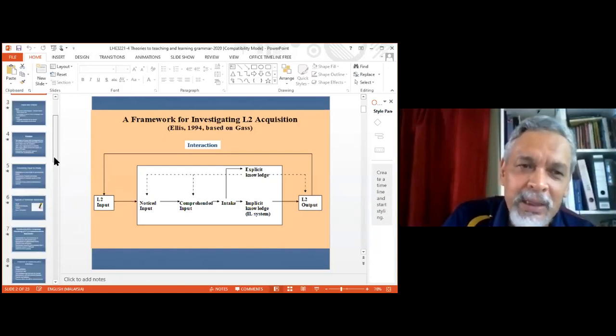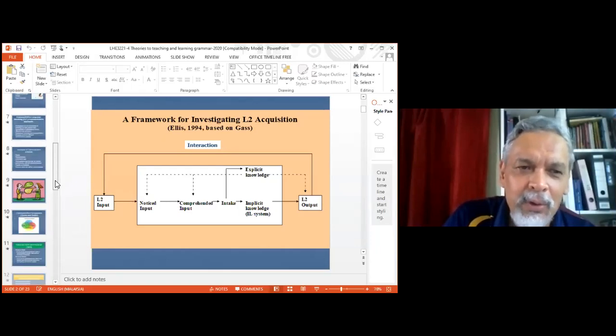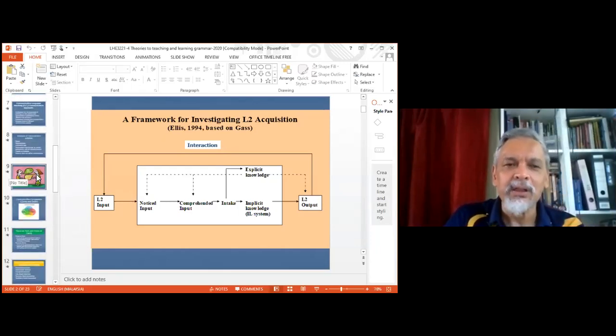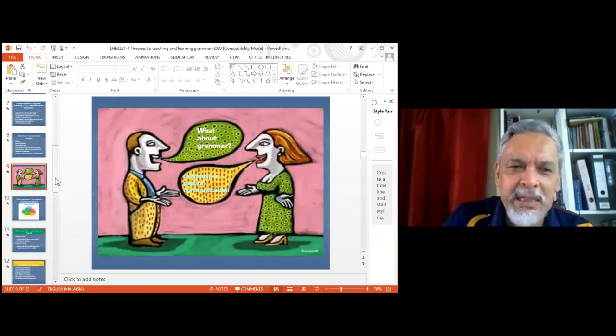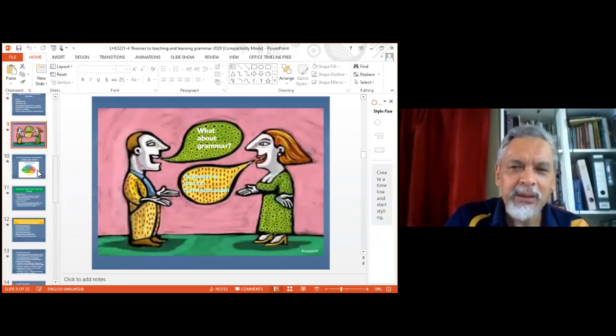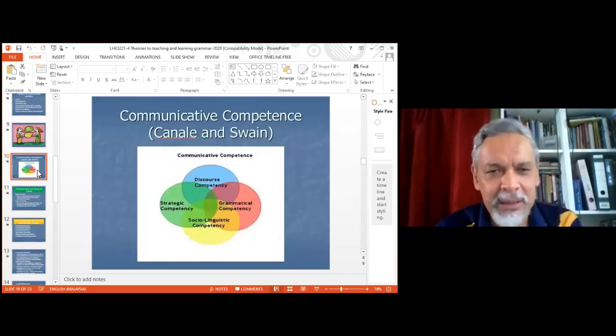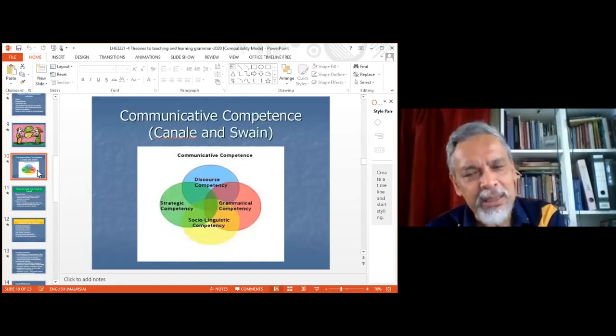So basically, as humans, we do try to make sense of the input that we get. We do try to make hypotheses regarding how the language works. So when we make these hypotheses, this is kind of like the interlanguage.